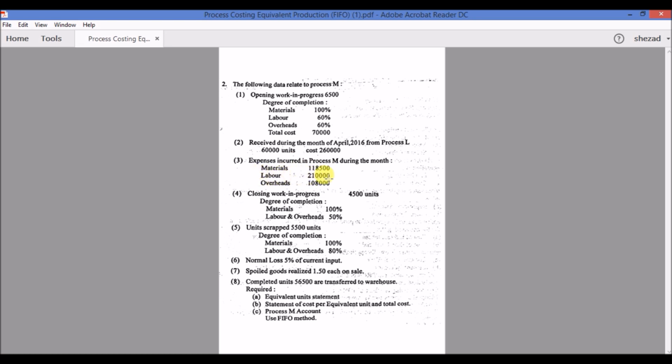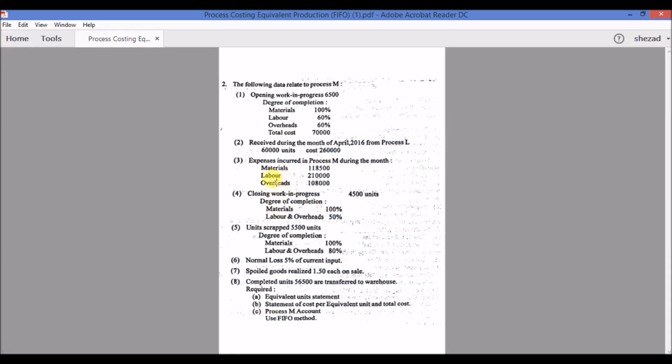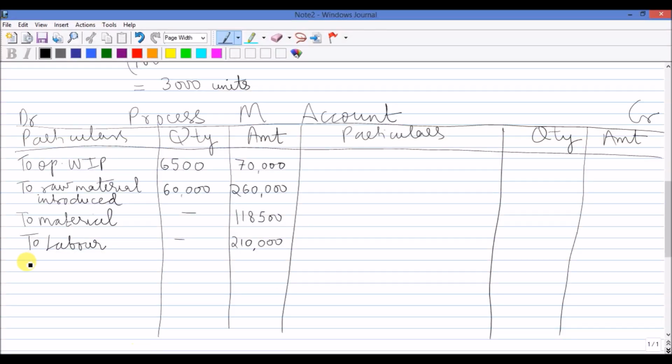Then labor, it's 2,10,000 rupees. Then friends, we have overheads of 1,08,000. Wonderful.